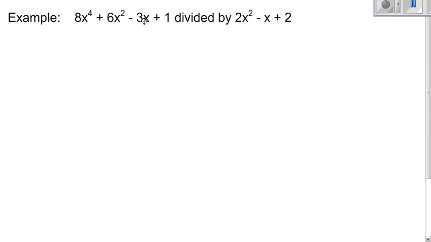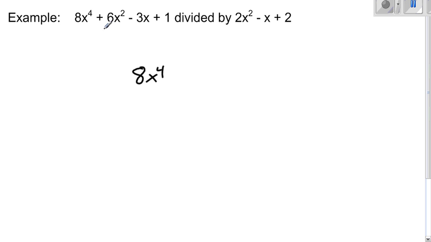For this example, we have 8x to the fourth plus 6x squared minus 3x plus 1 divided by 2x squared minus x plus 2. So the first part goes inside our division house.